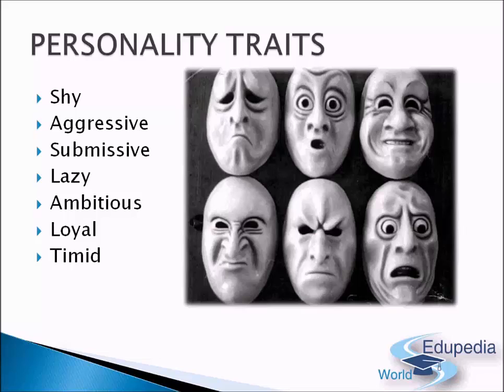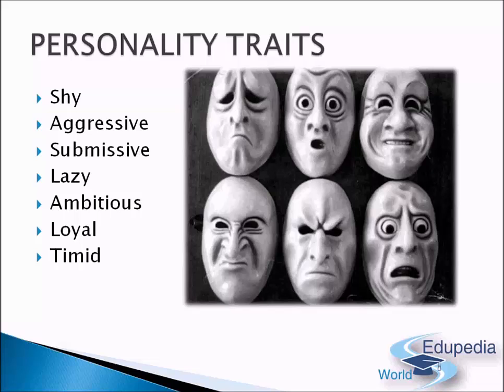Well, talking about traits, you very well know that certain people are shy, others are not shy. We say he's a shy boy or a shy girl. And because he's a shy boy or girl, how will he find his partner? A shy boy may have difficulty in getting a girlfriend.